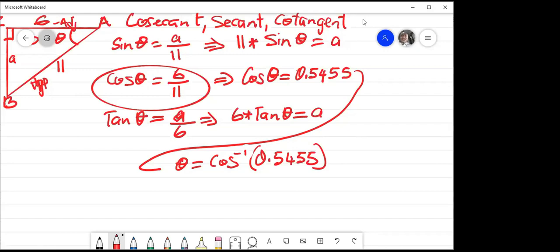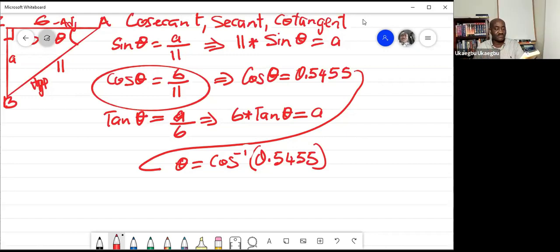Then you close the parentheses, you hit enter, and that's 57 degrees. So theta is 57 degrees. It's actually 56.9, so I just approximated to 57. All right. You see? We now know the angle, that the angle is 57 degrees.